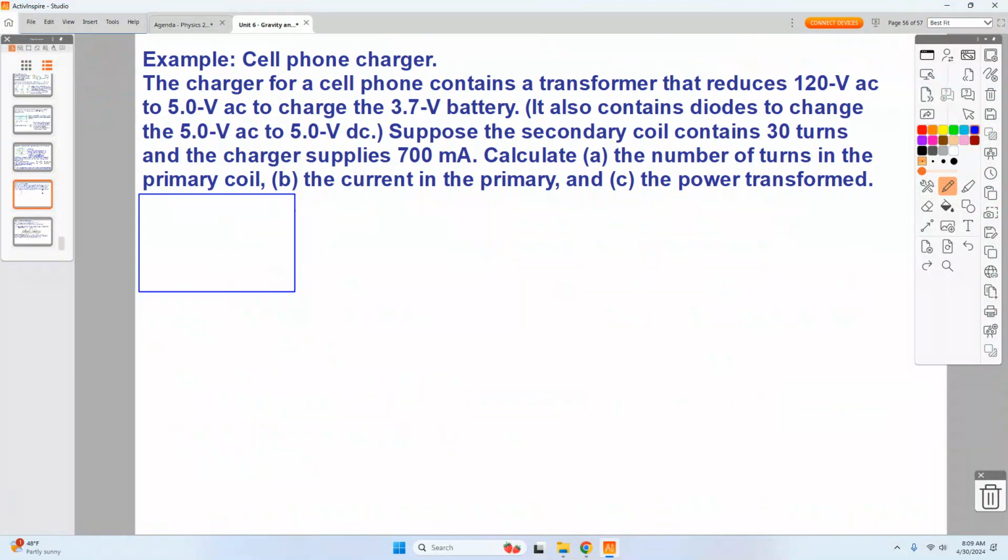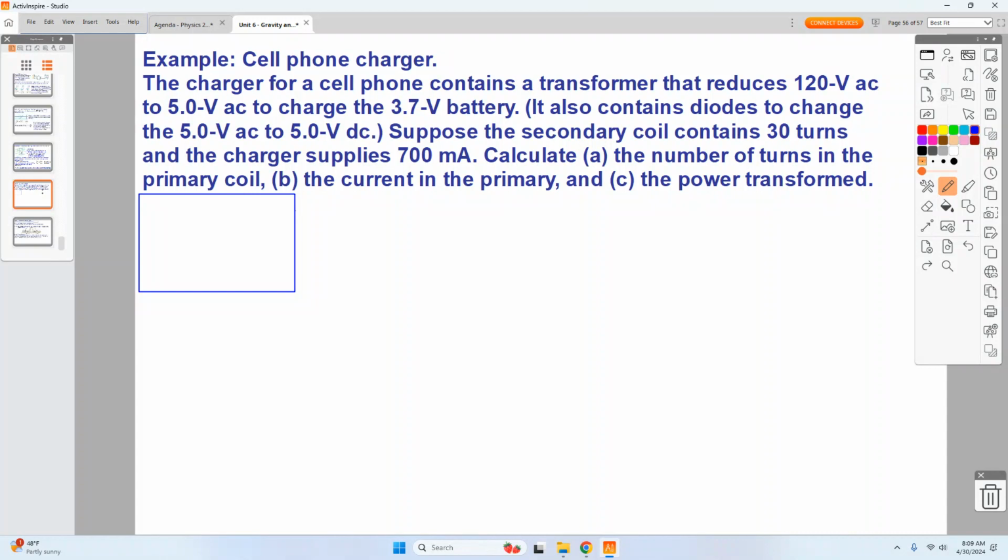So that little cube that you might have, all they are inside of that is just a little transformer, and probably a series of diodes to take an alternating current and turn it into more of a direct current. We don't quite understand that yet. But a charger for a cell phone contains a transformer that reduces 120 volt AC to 5 volts AC to charge a 3.7 volt battery. So your battery in your cell phone is about 3.7 volts. It also contains diodes. Don't worry about that.